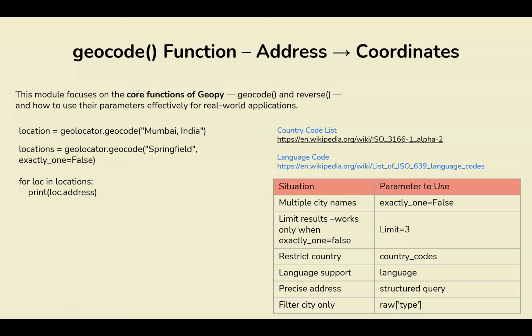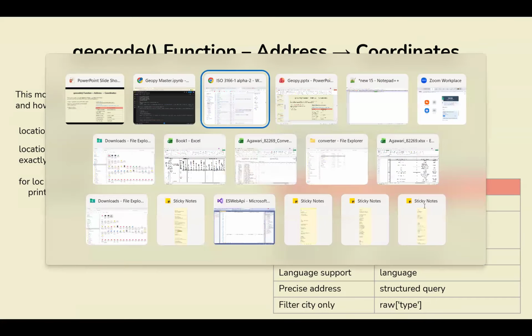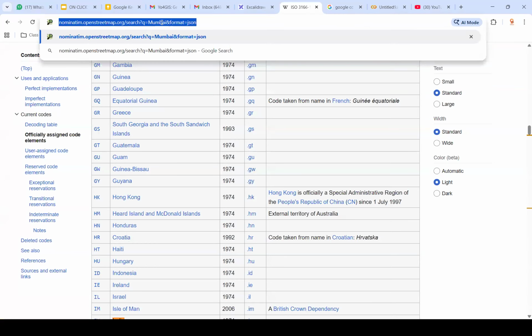Sometimes you want to find out something where there are many results. Like, if you remember, I showed you here this Mumbai. Let's suppose we just try here, Hyderabad.